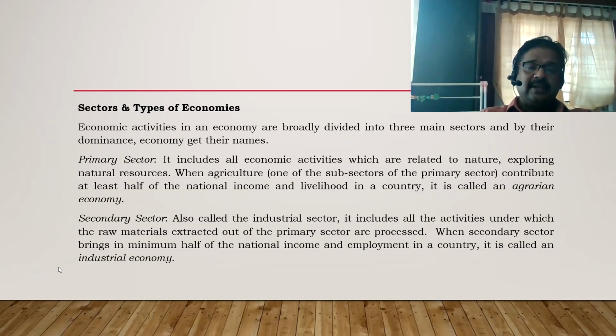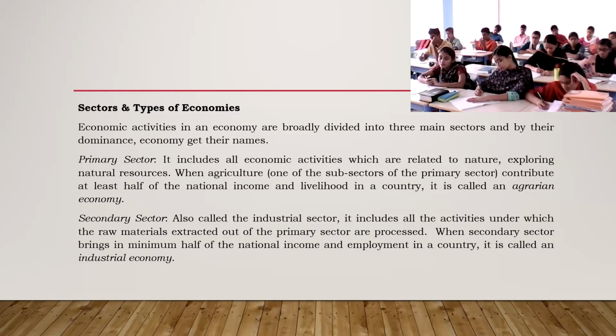Second sector is secondary sector, where all the industrial activities are carried out, processing the raw materials extracted from the primary sector. And when the secondary sector dominates that economy, it is called an industrial economy. Is that clear? Yes, sir.